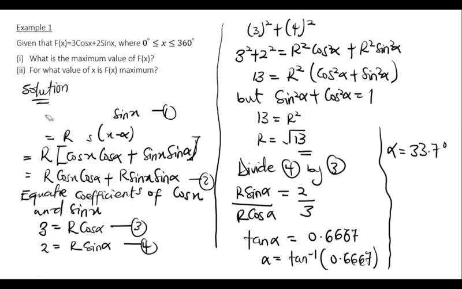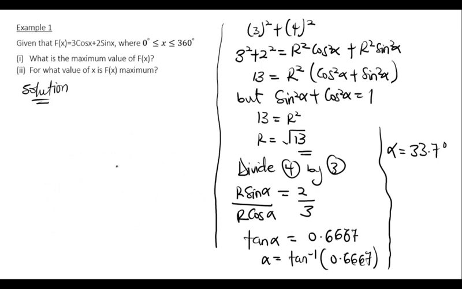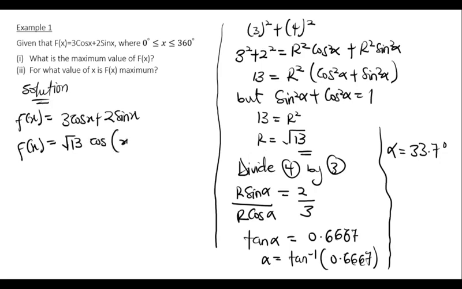Alright, so now that we have that, let's continue and finish with what the question is asking us to do. So from here we can say the function f of x, which is equal to 3 cos x plus 2 sin x, has now been reduced to the form f of x is equal to root 13 cos into bracket x minus 33.7 degrees.